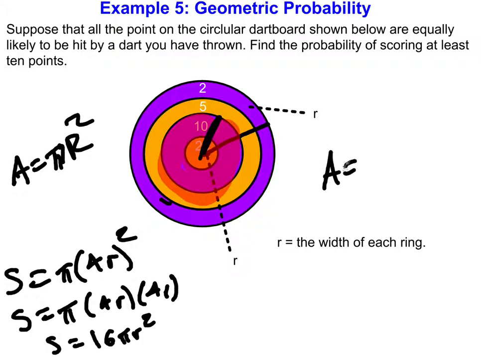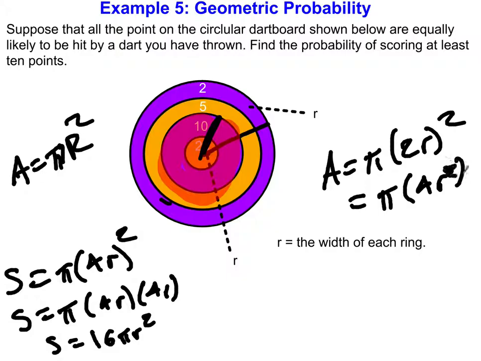So the area of the smaller circle is pi times 2r squared, which is pi times 4r squared, or 4 pi r squared. So the event that we're interested in is that we get at least 10 points. So the area is 4 pi r squared.